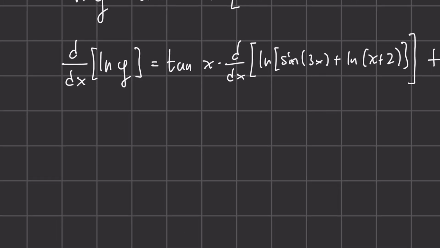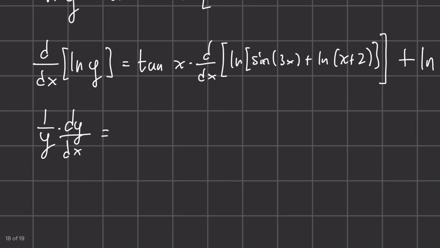Alright, so now let's try to differentiate the left side here. The derivative of ln y is the same thing as 1 over y times dy dx, because we're just applying the chain rule. And so for our right side, we have tangent x times the derivative of this whole thing.